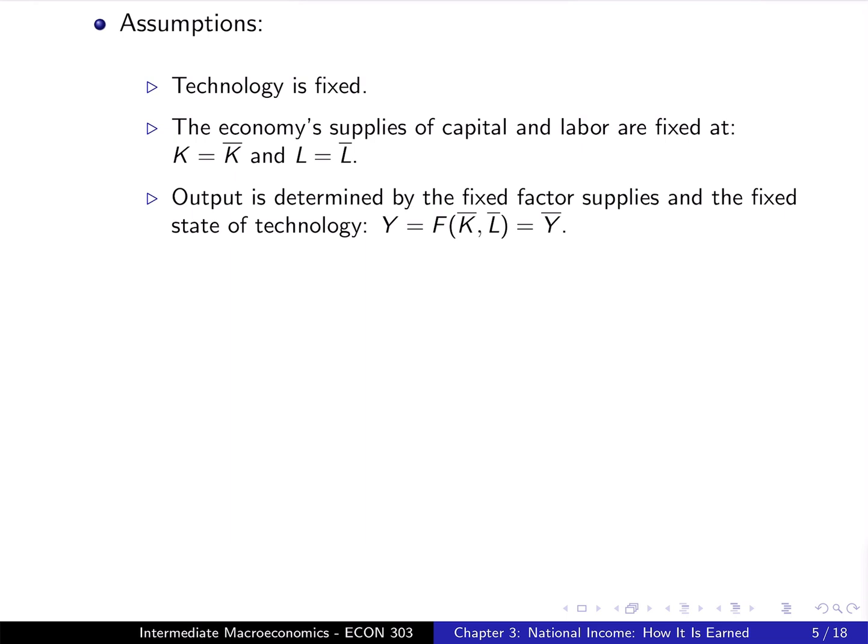K equals K bar, L equals L bar. Output is determined by these fixed inputs and technology. Given a production function, the total output of the economy is Y equals F(K bar, L bar), that equals Y bar. In other words, with no changes in input quantities or technology, the level of output is predetermined.